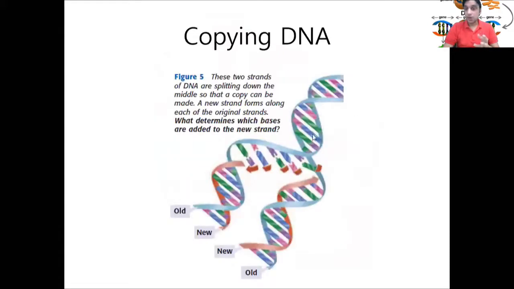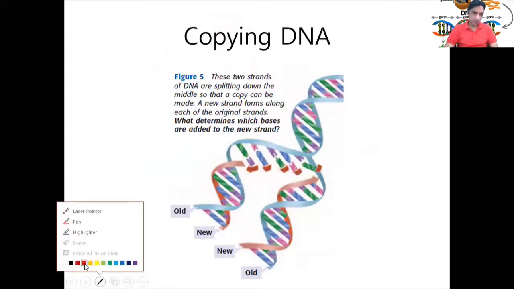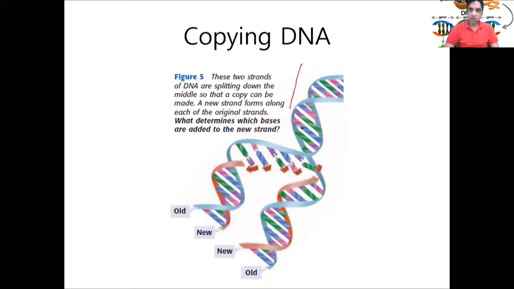Every DNA molecule present in a cell should be transferred to the next cell. That is how we can forward the information from one cell to another. So if this is supposed to be the original, the old DNA, before the cell division, this should be duplicated.